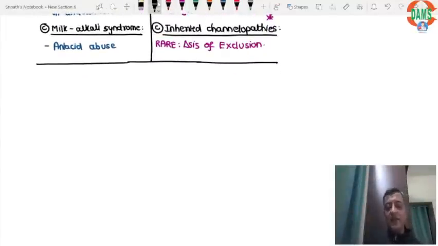If we consider the inherited channelopathies as the diagnosis, these are channelopathies of the renal tubules.